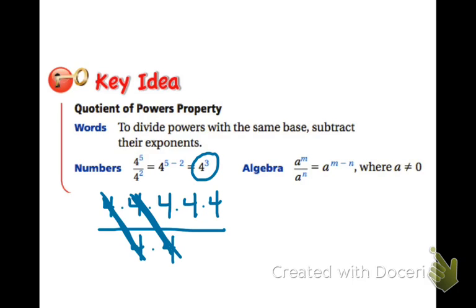So instead of going to the trouble of writing the repeated multiplication, mathematically speaking, you know that if you are dividing powers that have the same base, the numerator exponent minus the denominator exponent would give you the number of factors remaining. So we'll give this a try.